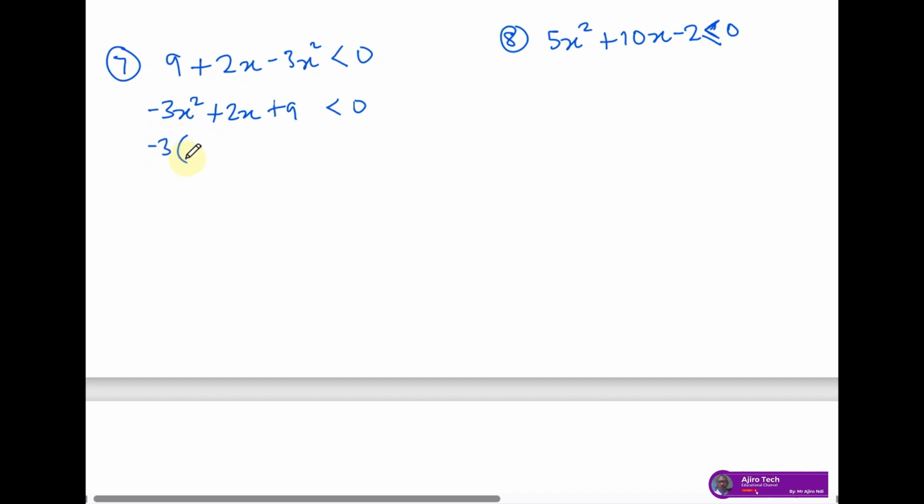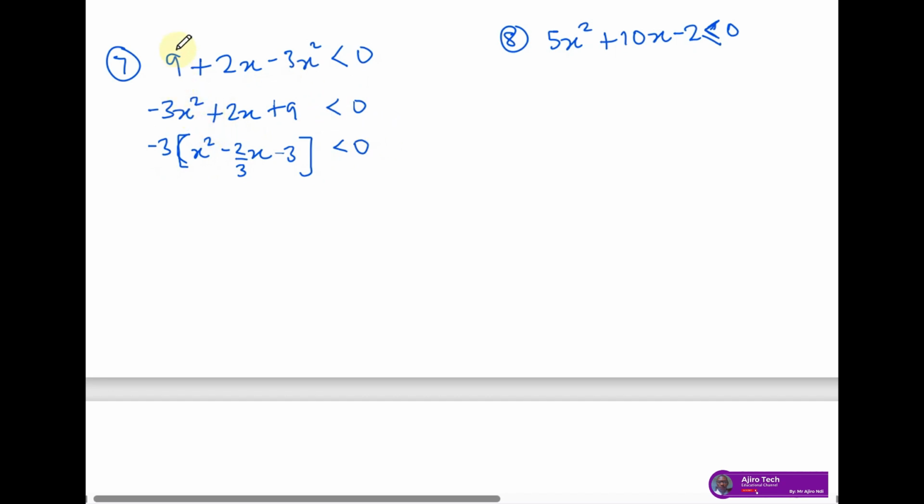Negative 3 into x squared minus 2 over 3 x, and then minus 3. Sorry, that's negative also. Negative 3. So negative 3 close brackets less than 0. I can as well divide by this, but let's say I'm not dividing.